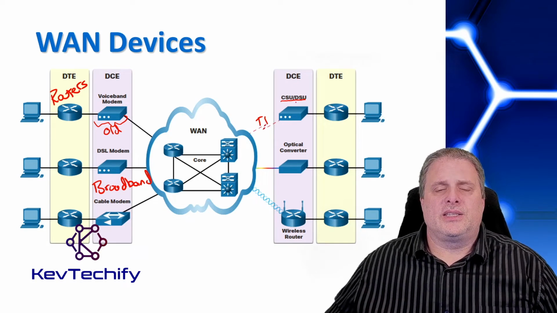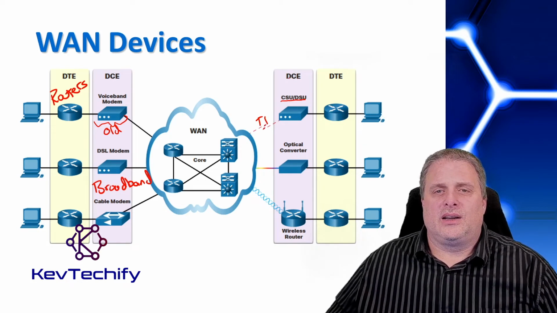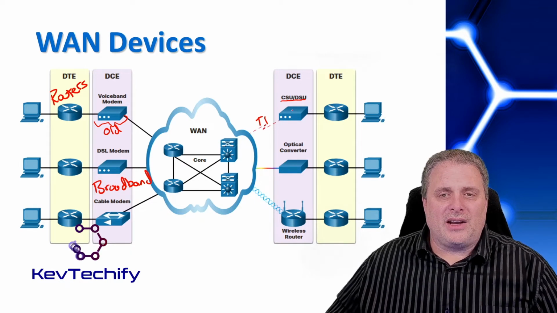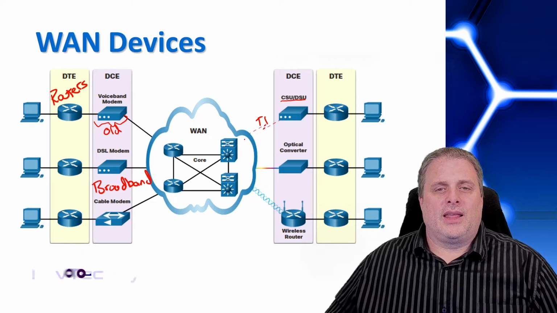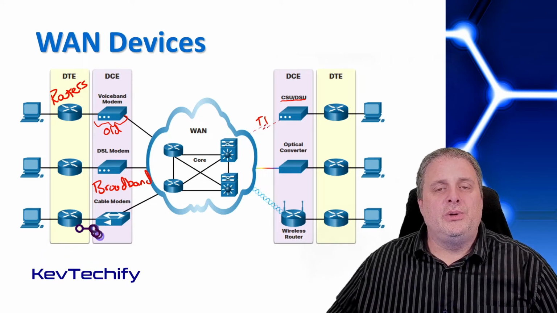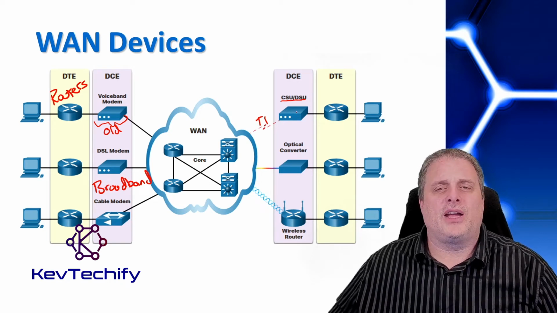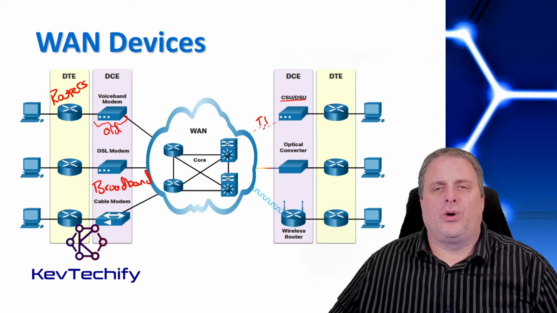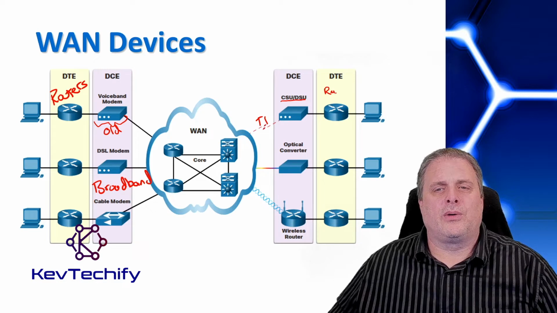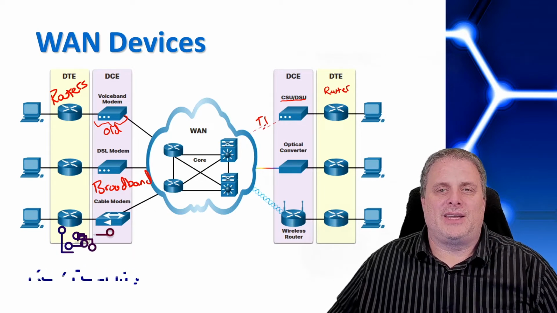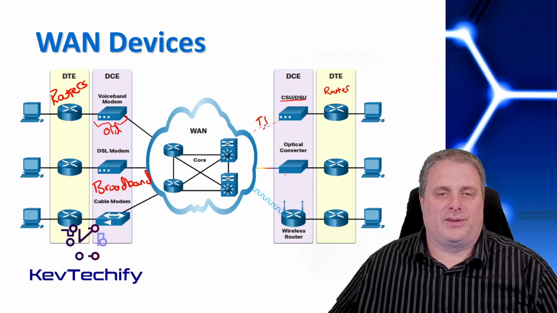And this, once again, is set up and controlled by your provider, your service provider, that gives you that connection to them so they can control that. They control the speed and the connectivity, your IP addresses, and then they provide you a port that connects back into your routers, onto your network, your DTE, your data terminal equipment.